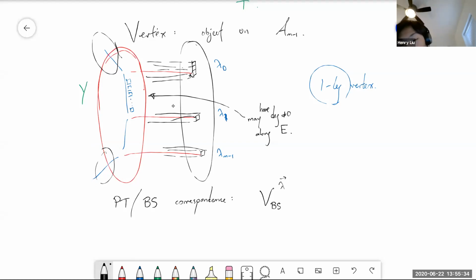And you'll see that this really is equal to the PT vertex on the exact same diagram, modulo PT of the exceptional, well, maybe here I can just write empty.